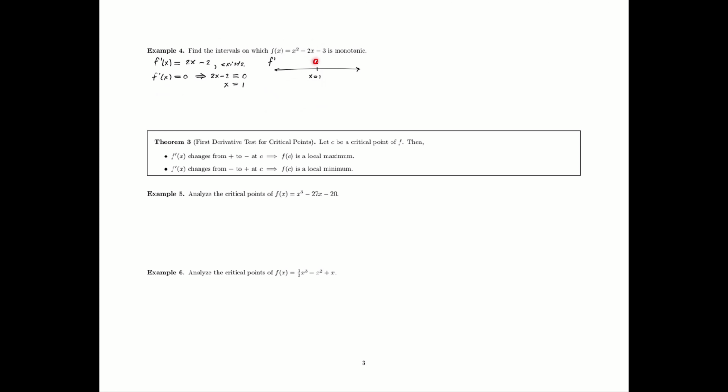Now we know the derivative is 0 here. And since the function is continuous, if we go ahead and take a sample point, let's say x equals 0 for a sample point. Well, if we plug this into the first derivative, f prime of 0 is negative 2. So that's negative.